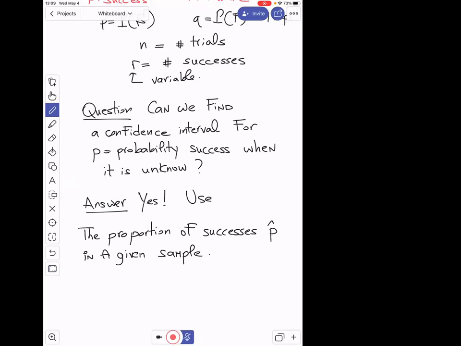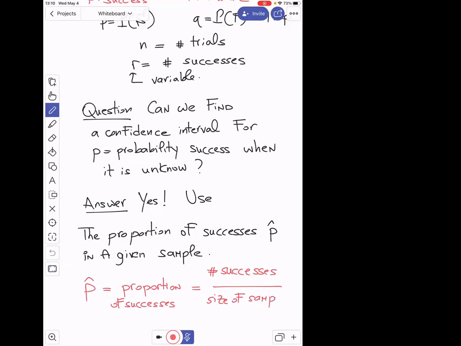This proportion of successes P hat is equal to the number of successes divided by the size of the sample. So when you have a sample, you take the number of successes and divide it by the size of the sample.